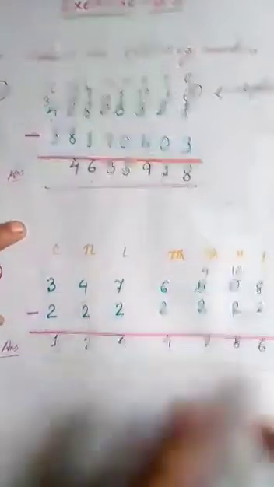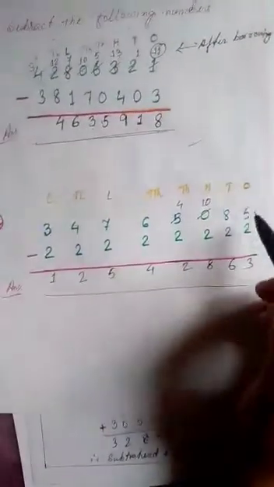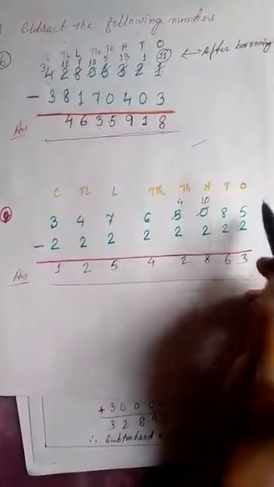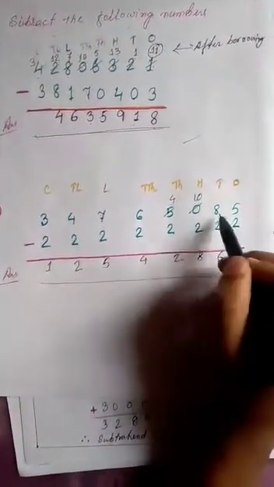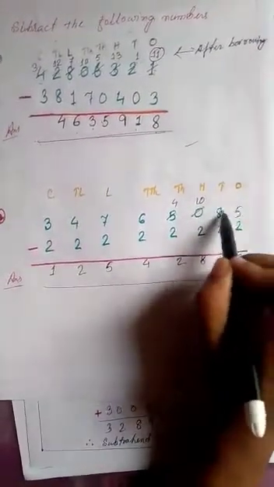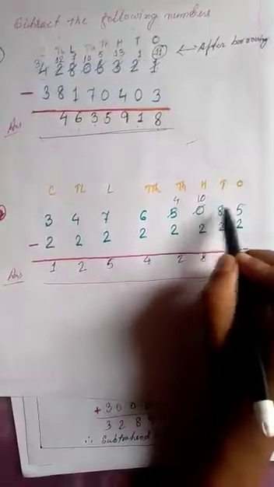Alright students, similarly I have taken one more, part 7. See here, I have arranged it also from the ones place digit. We will subtract 5 minus 2, 3; 8 minus 2, 6; and there 0. Because these are the larger numbers, we do not need to borrow from the next place.